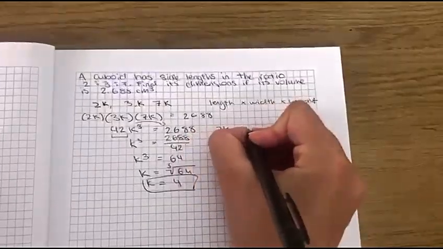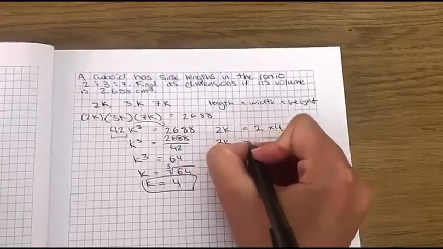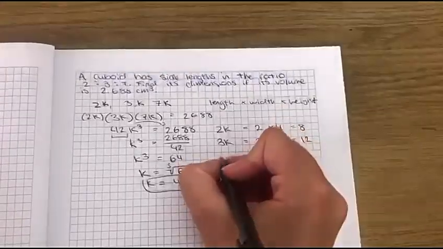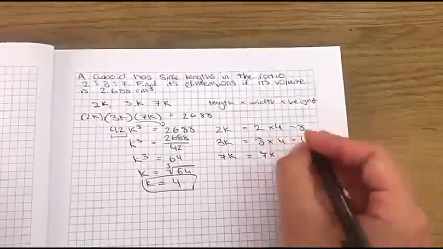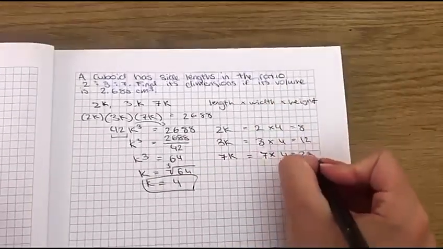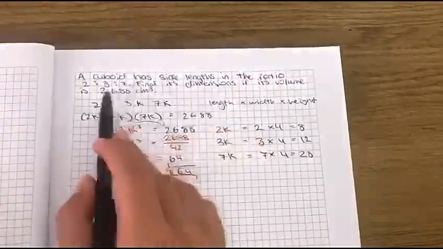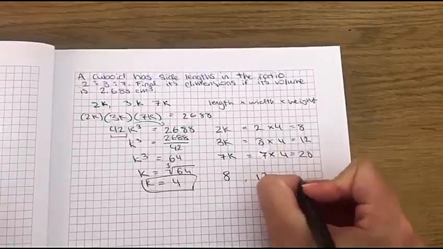2 multiplied by k is just 2 multiplied by 4, which is 8. 3 multiplied by k gives us 3 multiplied by 4, which is 12. And then 7 multiplied by k is just 7 multiplied by 4, which gives us 28. So therefore, we know that the dimensions of this cuboid are 8, 12, and 28.